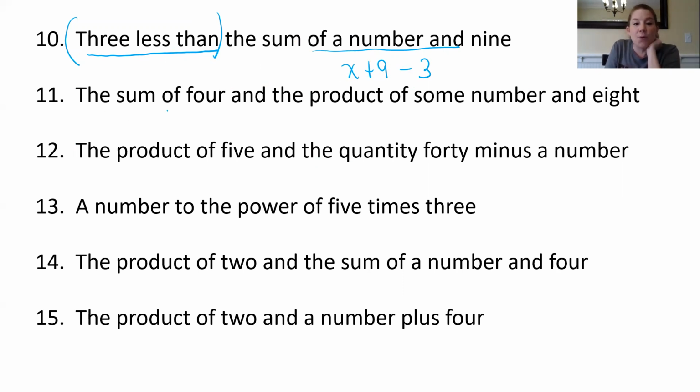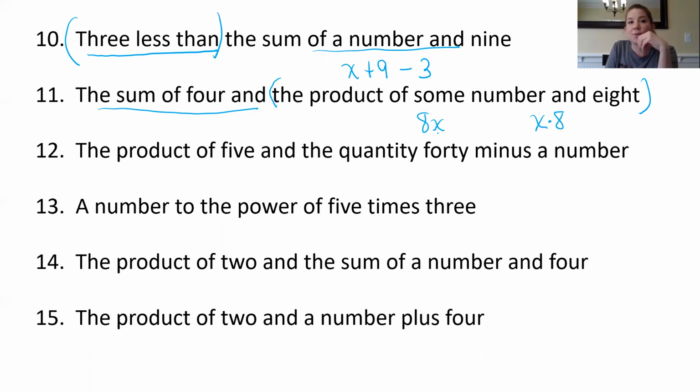The sum of 4 and the product of some number and 8. So the product of some number and 8: 8 times a number is 8x. Now I realize I did reverse the order on that one, and it's okay because 8 times x is going to equal exactly the same as 8x.